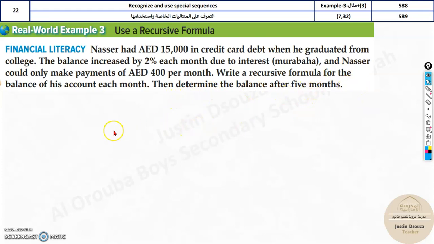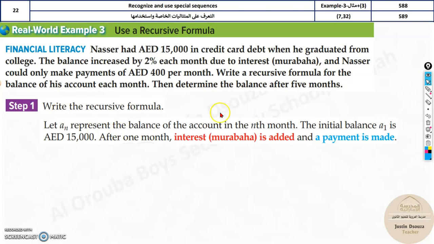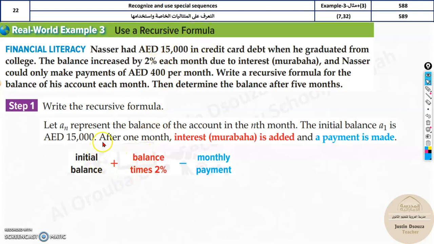Okay, let's see. This can be read, but this is very important. First, let's understand the initial amount. Let's take it as A1. So An can be the balance of the nth month. Initial will be A1. After the first month, what is going to happen?